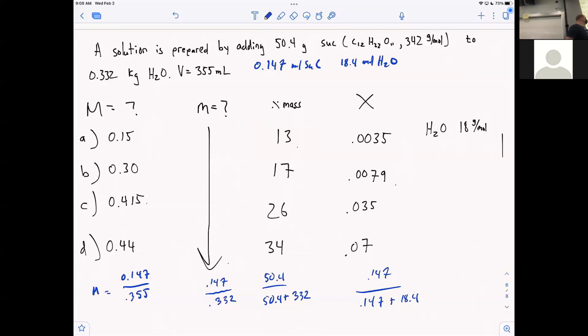Then 50.4 divided by 50.4 plus 332. You can put the parentheses on the bottom if you're doing it in the calculator. Do you guys need more time? I see people are still playing with their phones.